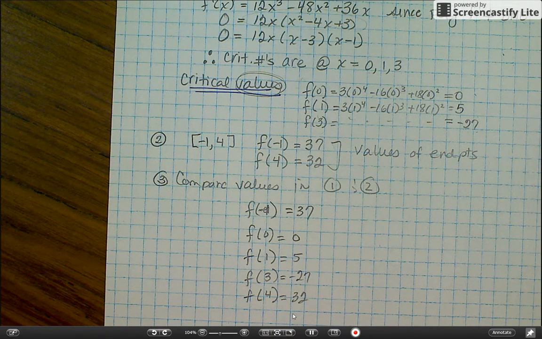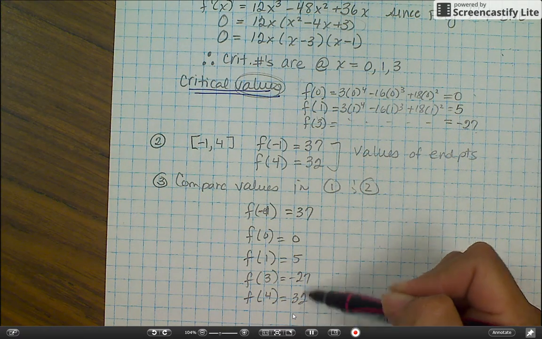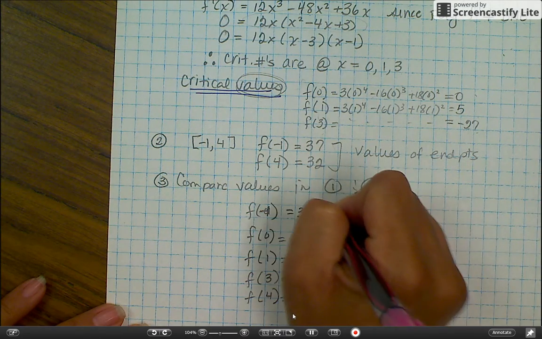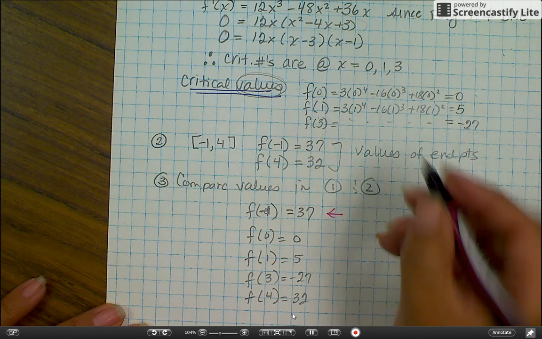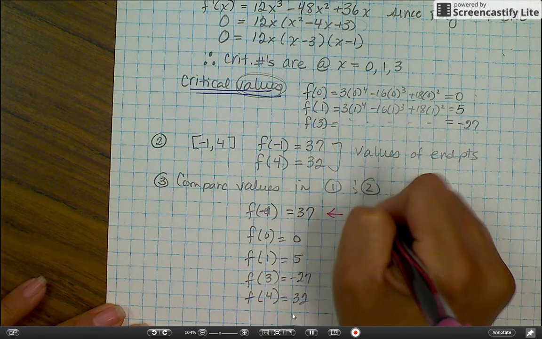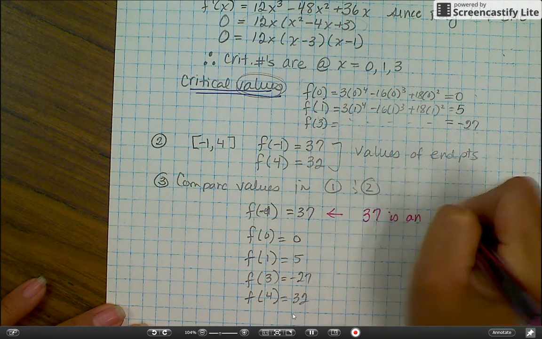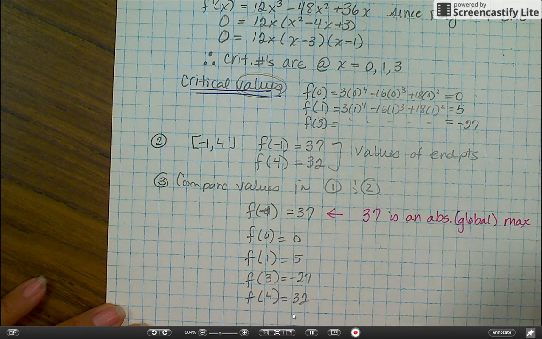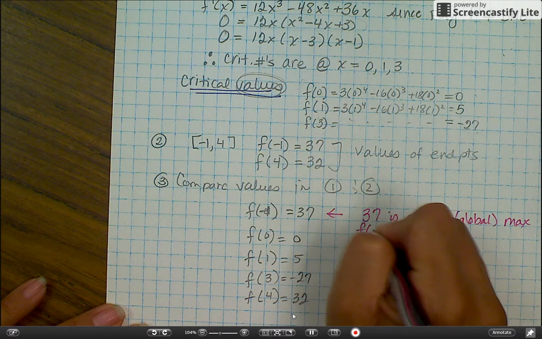Since this method is used to find the absolute extrema, all we have to do is compare all these values. Which one is the highest y value? That would be this one right here, which is an endpoint. So 37 is an absolute or global maximum. 37 is equal to f of -1.